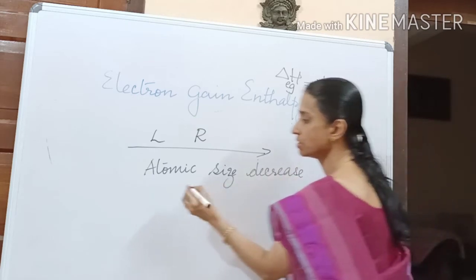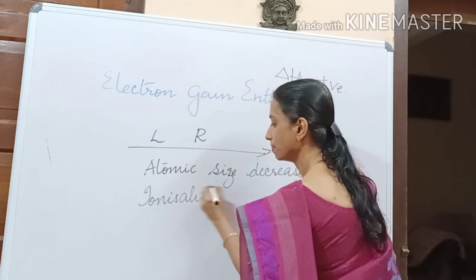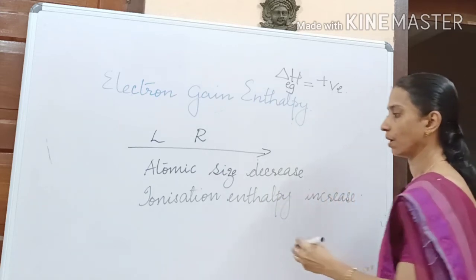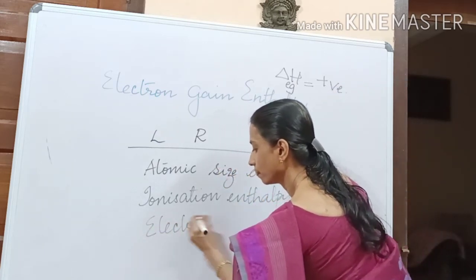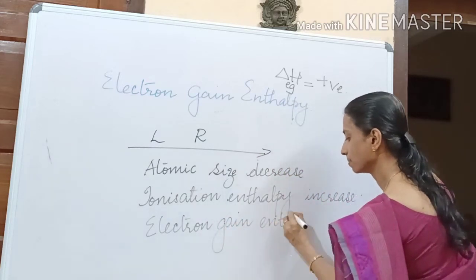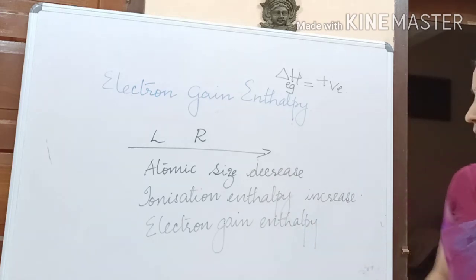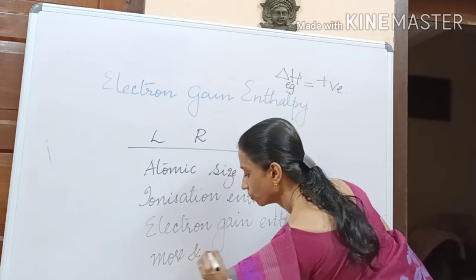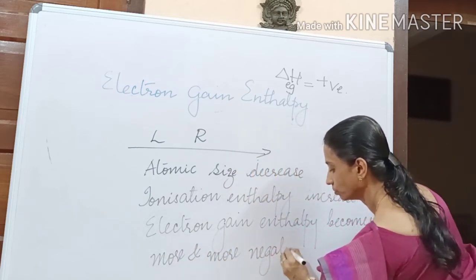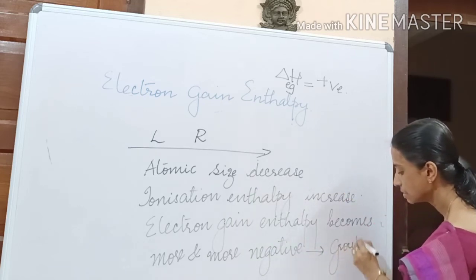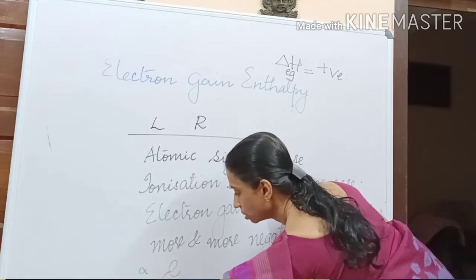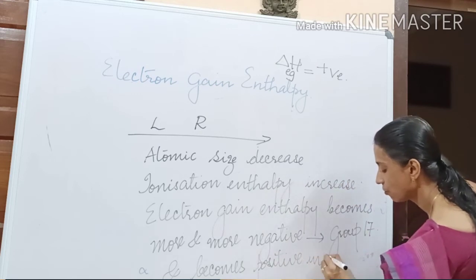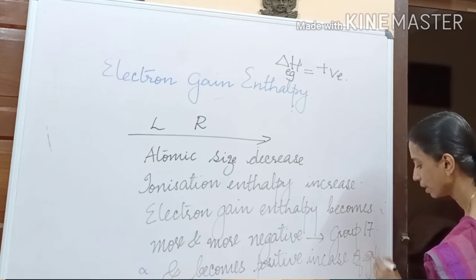When atomic size decreases, the ionization enthalpy increases and electron gain enthalpy becomes more and more negative up to group 17 and becomes positive in case of group 18.